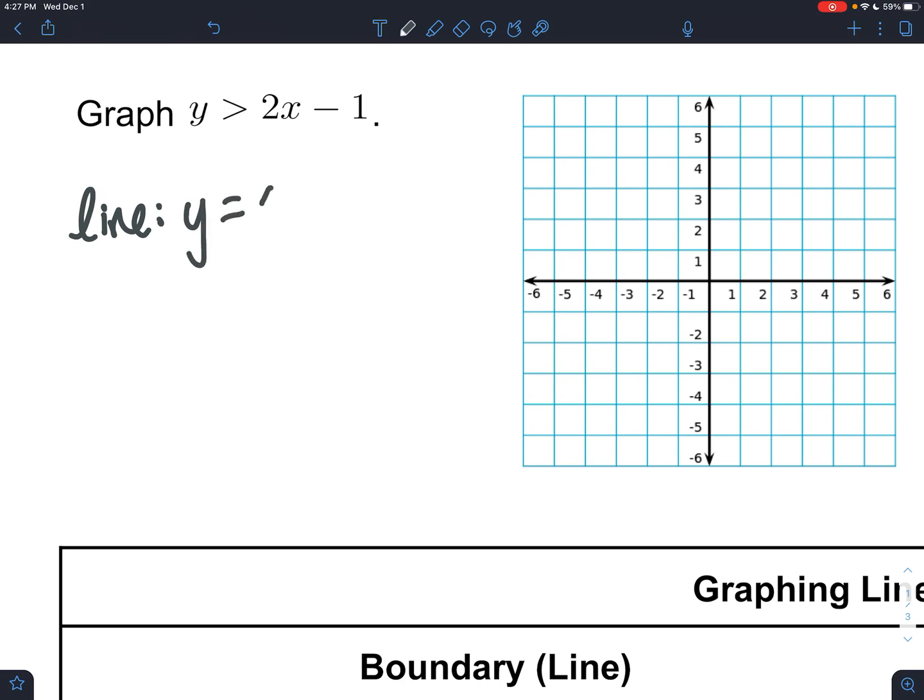The line that's involved here is y equals 2x minus 1. So I want to take a really faint color and do the slope thing. You're just going to plot the line like we always do. Go to -1, go up 2 over 1, up 2 over 1, and we continue doing that, and we get a line like this.